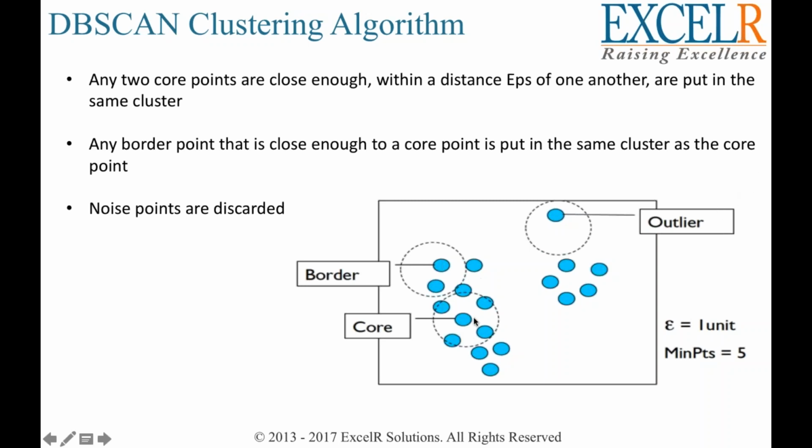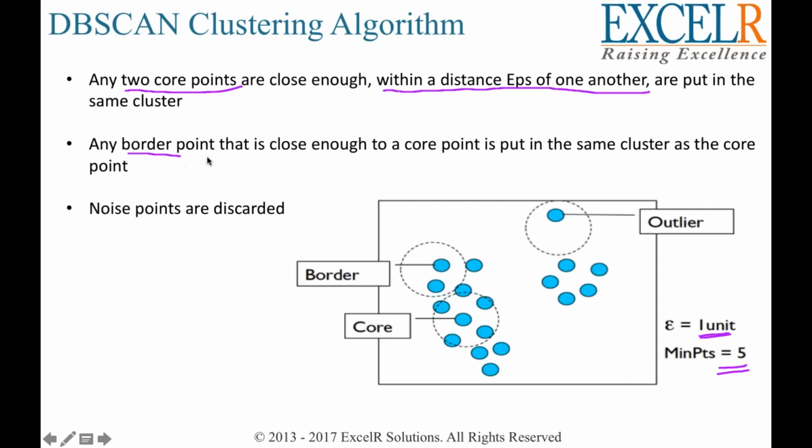So all those core points, what is a core point? Minimum 5 points in this scenario should be there within this EPS. That's the definition of core. Any two core points, if they are within a distance EPS of each other, say 1 centimeter, are put in the same cluster.